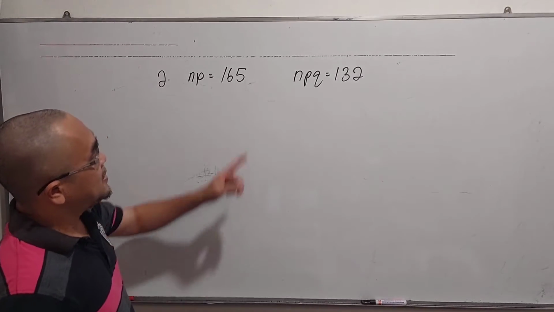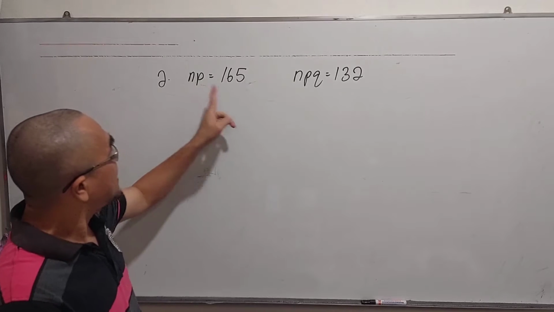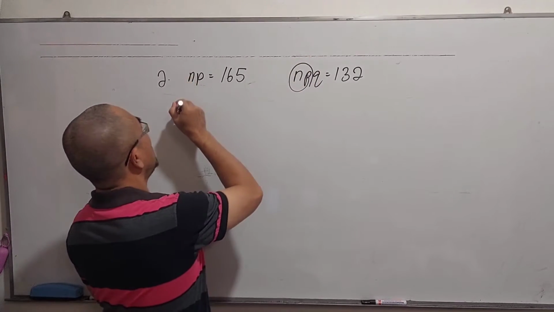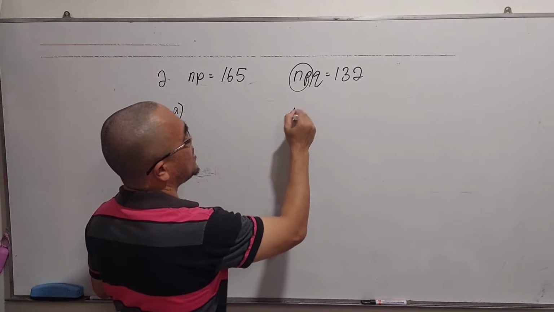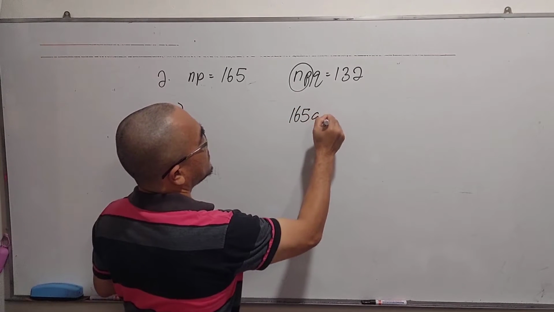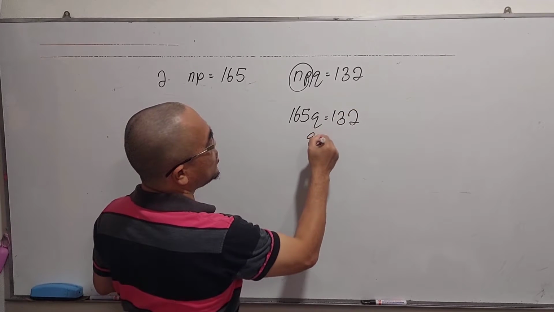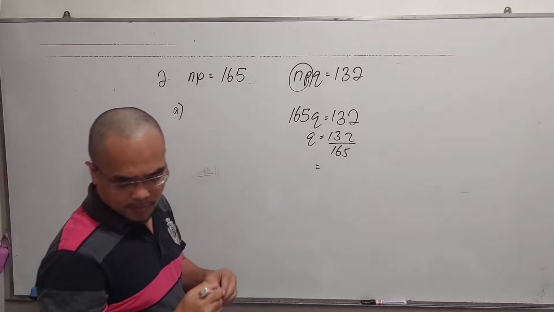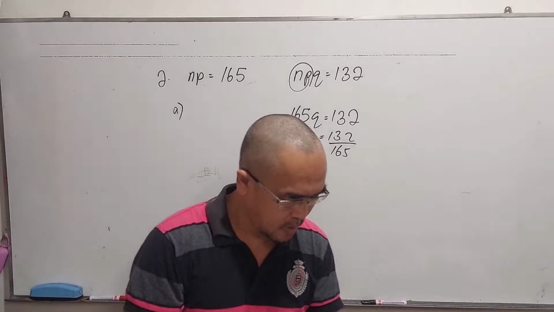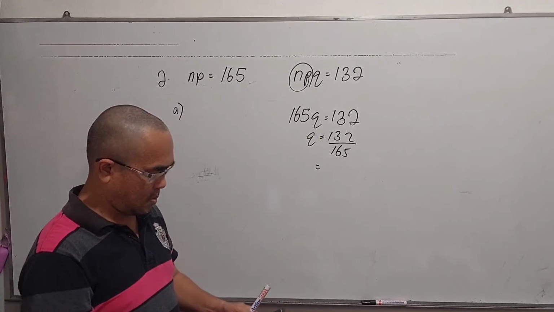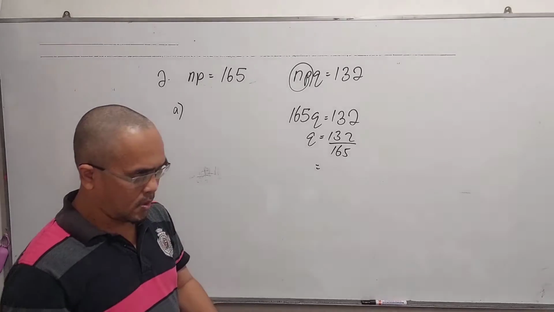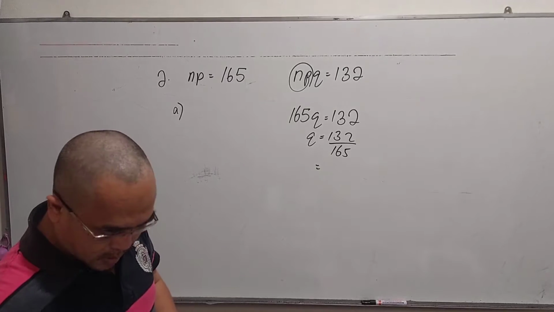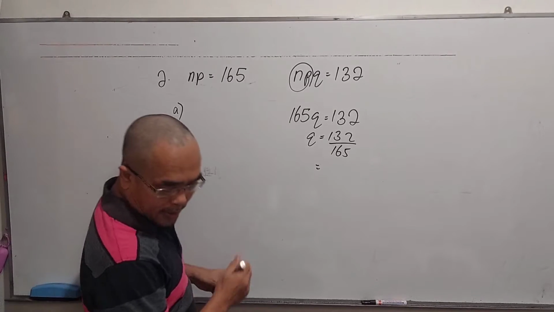That is, the value of NP is 165. So we replace this NP. So for question A, we replace this NP as 165. So Q will be 132 over 165, which is 0.8.